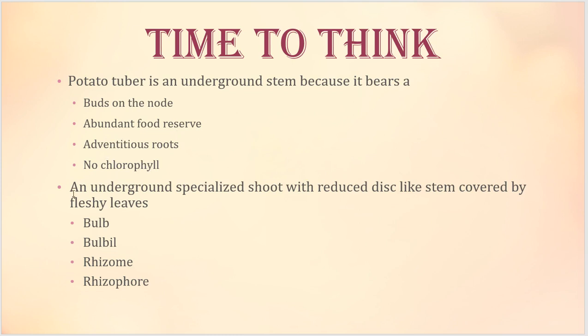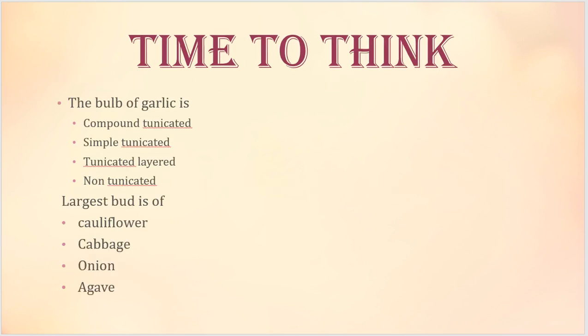Think about this. And the next question, an underground specialized shoot with reduced disc-like stem. So when you hear the word disc-like stem, what would be the answer? Either it is bulb or bulbil or rhizome or rhizophore. Think about it and write the answer.